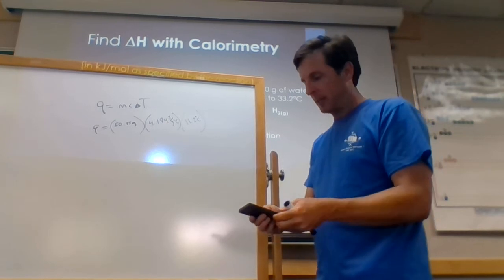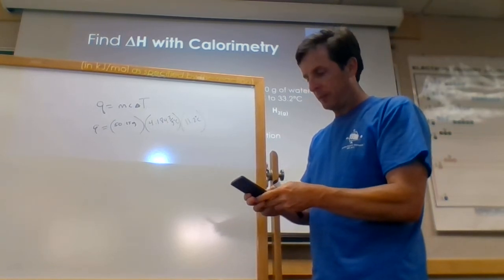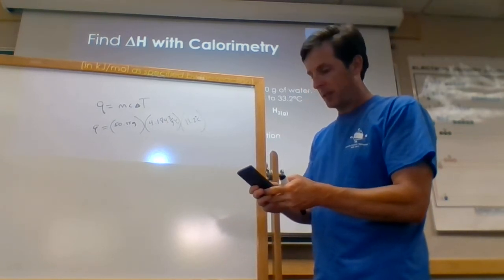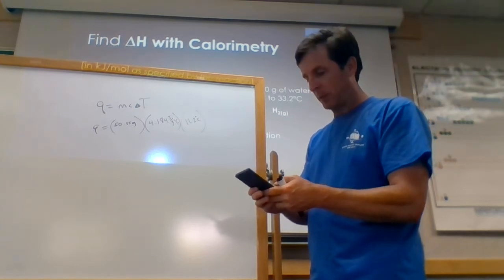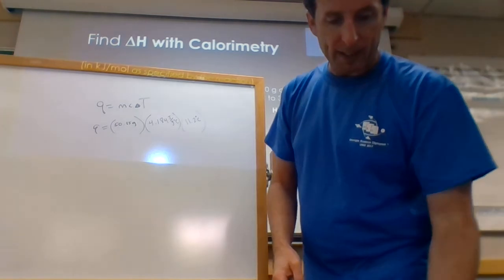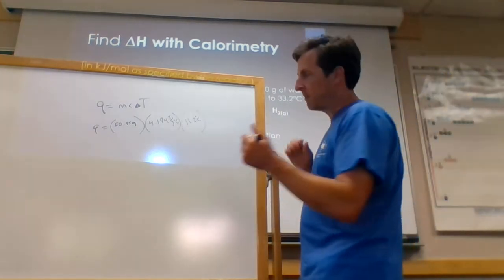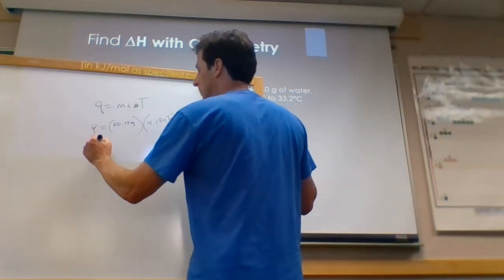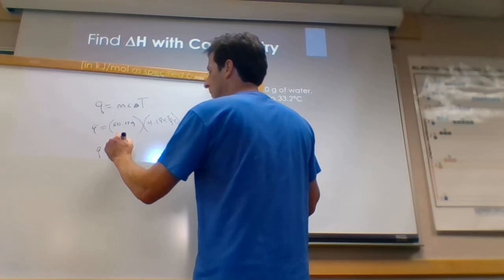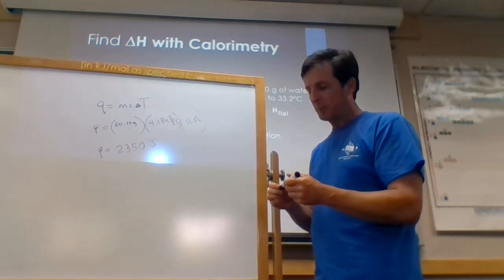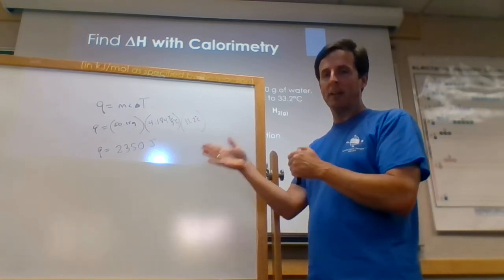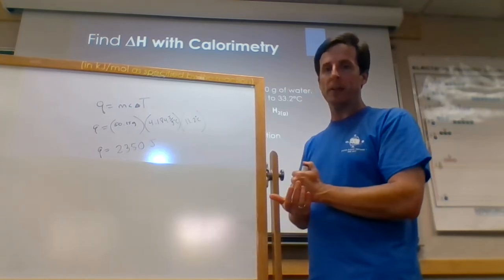If I plug that in, 50.15 times 4.184 times 11.2 equals 2,350 joules. So then I'd say, well, okay, that's the amount of heat produced in the reaction that I did.